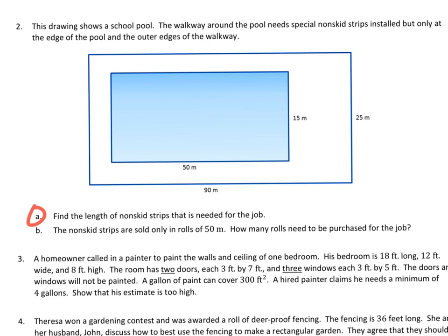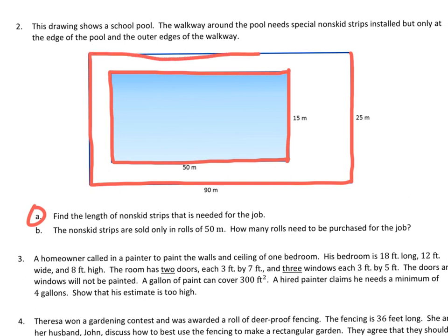So first I'm going to draw in where the strips are needed. It's going to go around the pool, just the outside. So each of those. And we see we have our dimensions there. And then it also needs to be around the outside of this space, the walkway.